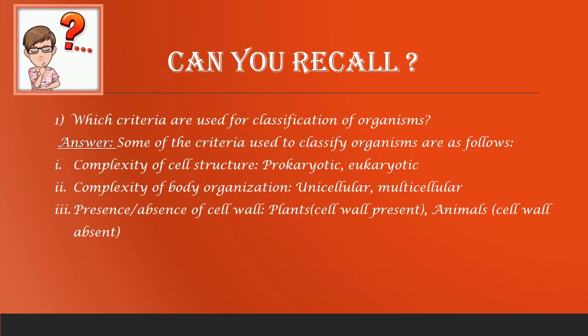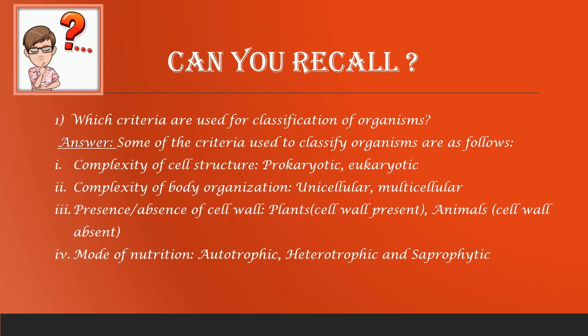Then presence or absence of cell wall. In plants, cell wall is present, and in animals, cell wall is absent. Then mode of nutrition, whether it is autotrophic, heterotrophic, or saprophytic. Then mode of reproduction, whether it is asexual or sexual.